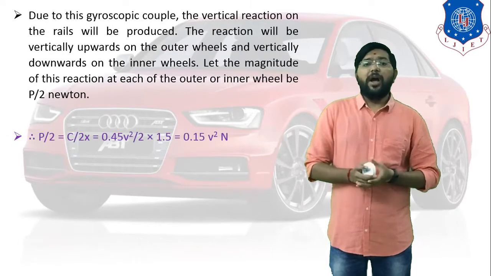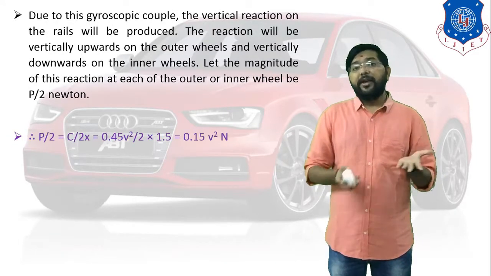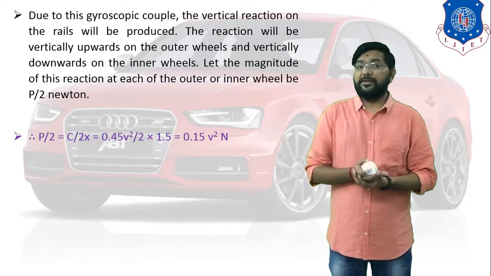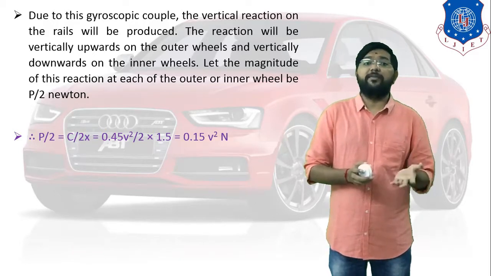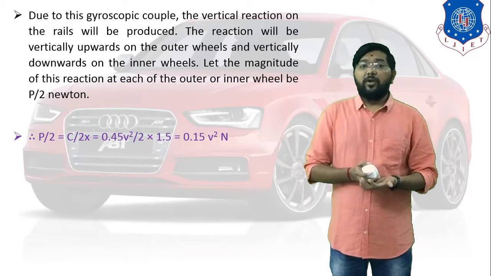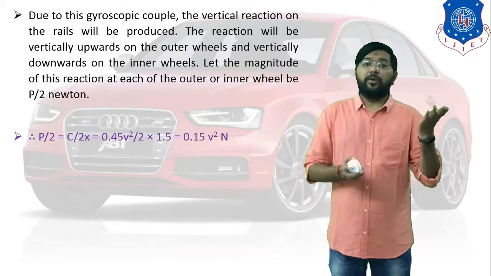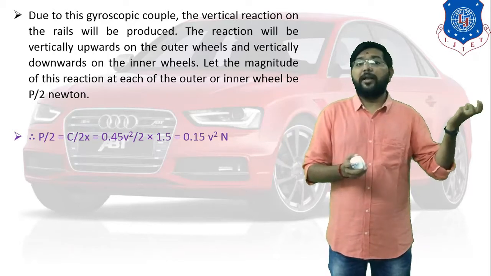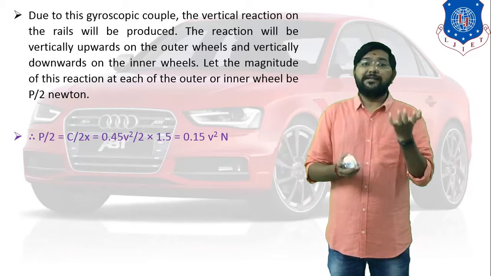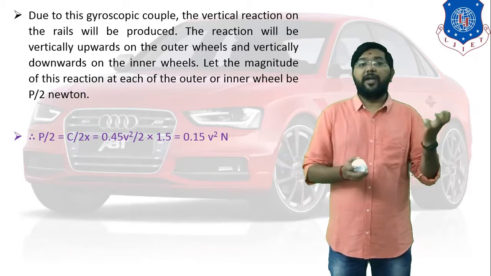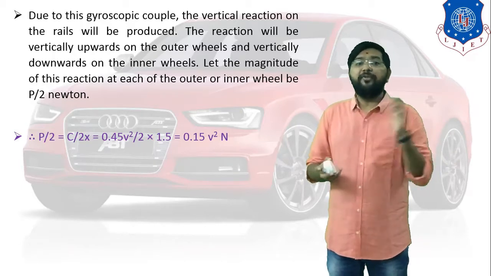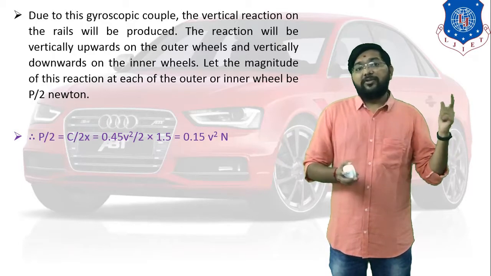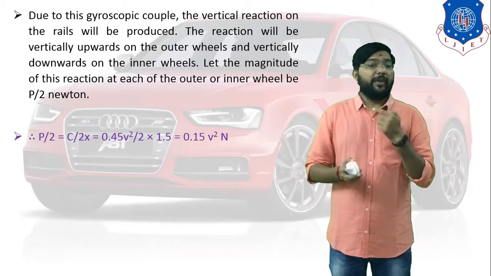Now you have to calculate the reaction of the centrifugal force. Clear? And the reaction of the centrifugal couple. Now you all know that if you consider the overturning moment, we have to resist that overturning moment. Based on that, we have to find the vertical reaction of the centrifugal force. Clear? So you have to calculate the value of P by 2.